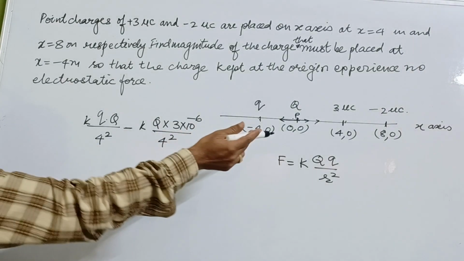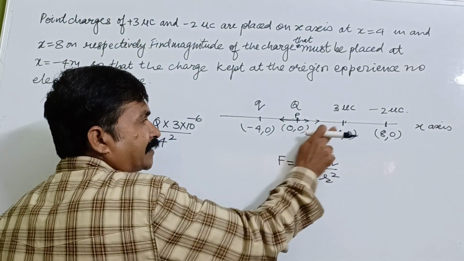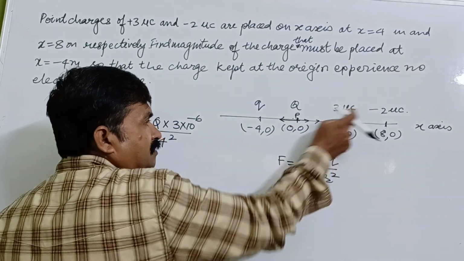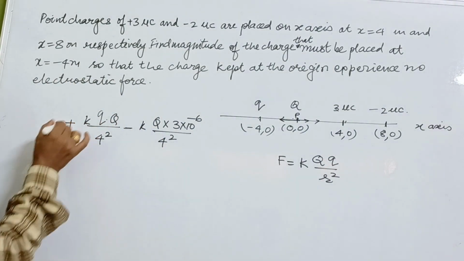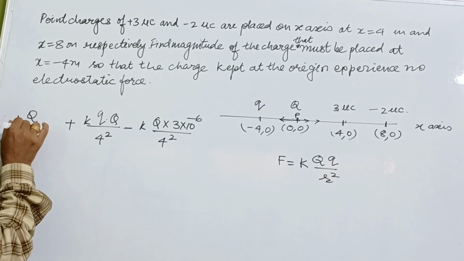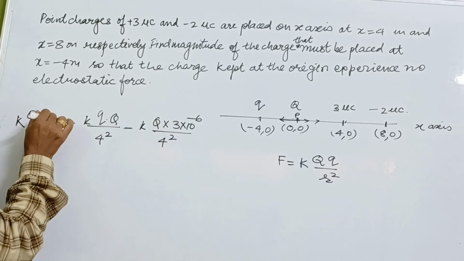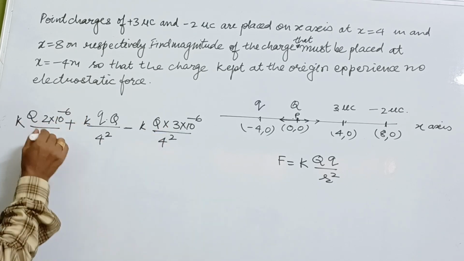I am taking this charge here, these two forces. One is attracting, so it is K times Q, 2 into 10 raised to the power minus 6 upon 8 square.